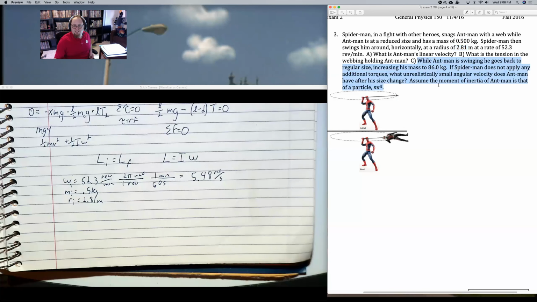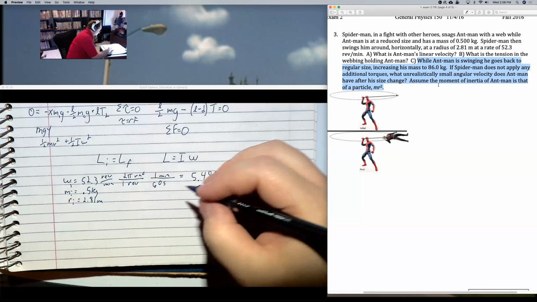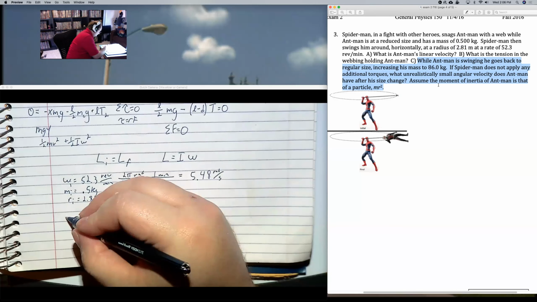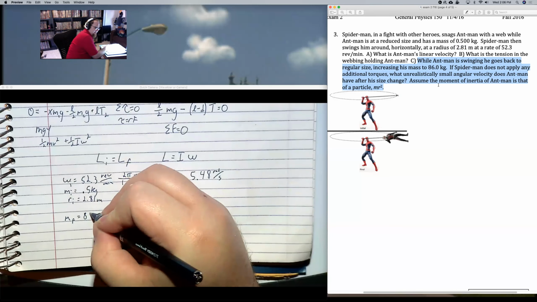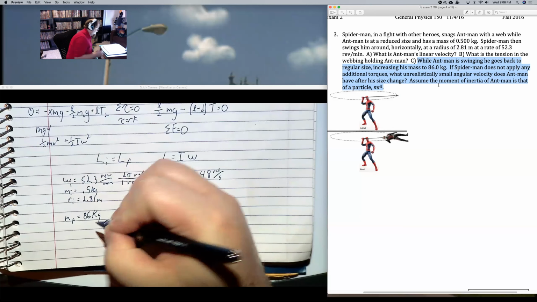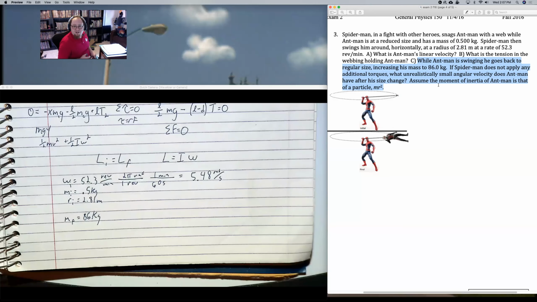And going straight to part C, while Ant-Man is swinging, he goes back to regular size, increasing his mass to 86 kilograms. So I'm going to say M final is 86 kilograms. If Spider-Man does not apply any additional torques, what unrealistically small angular velocity does Ant-Man have after the size change? Assume the mode of motion of Ant-Man is that of a particle.